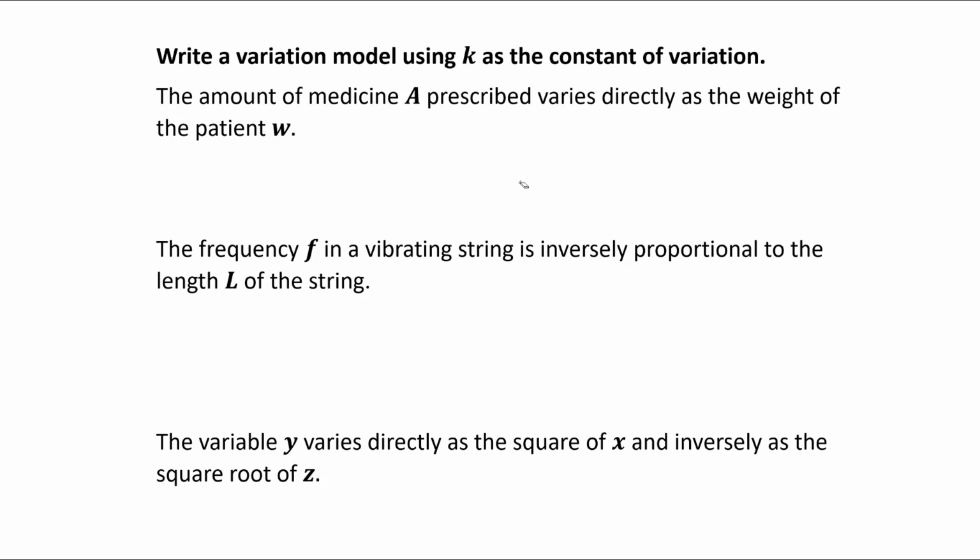And the way we can model that mathematically is to write the equation A is equal to K times W. That's a direct proportion. And K, like I said, is some constant, and it would depend on what kind of medicine it is, and what medical science has figured out is the right dosage for different weights.